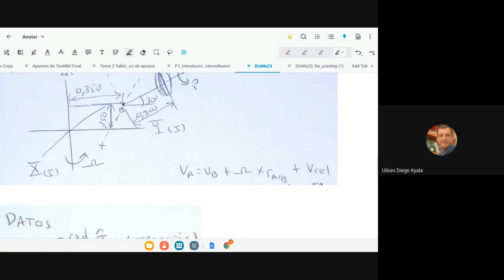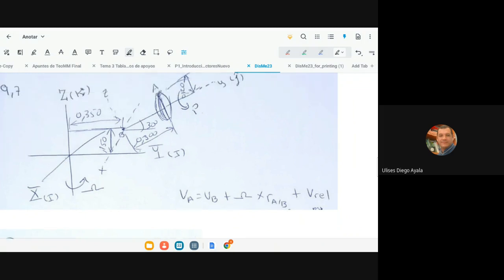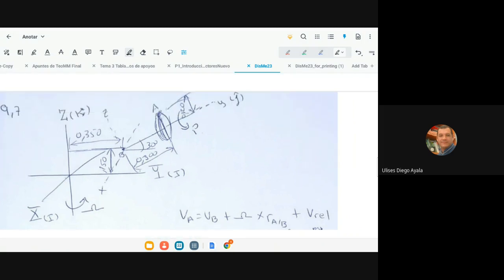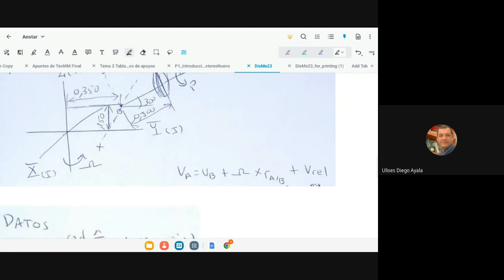So in this case, the equation is velocity v plus the velocity given by the rotational velocity at the point A and the relative velocity. This is the same equation as the one we saw before.